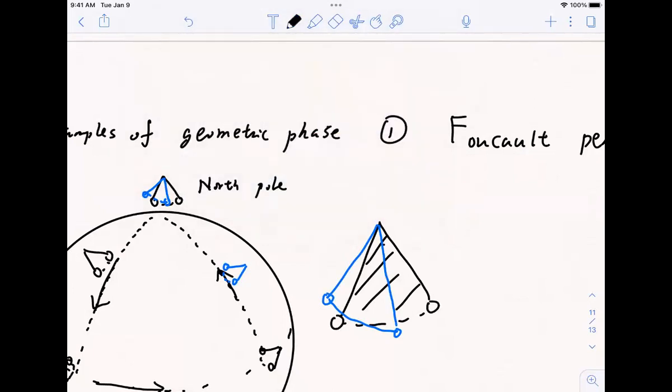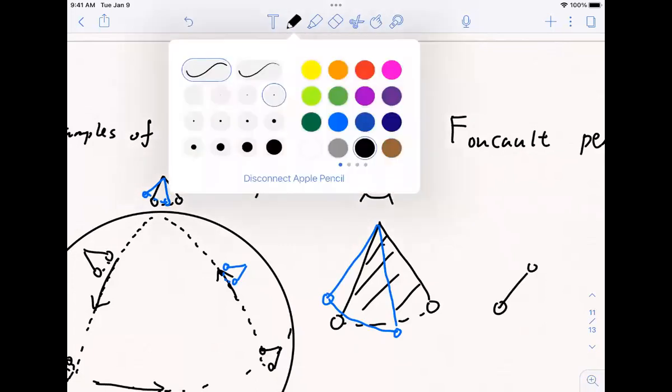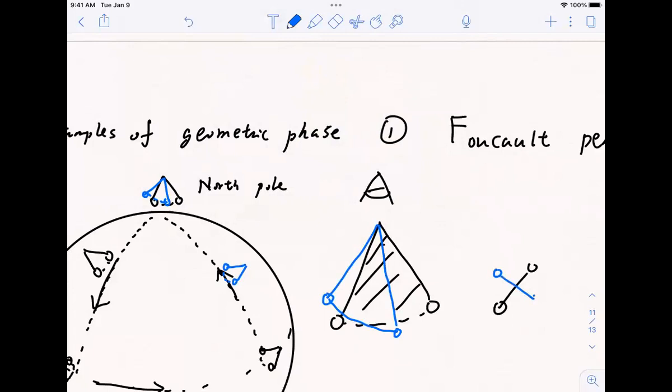If you look from the top view, at the beginning you're moving like this. After you come back, it is going to oscillate like this. So what is this angle? This angle is theta.